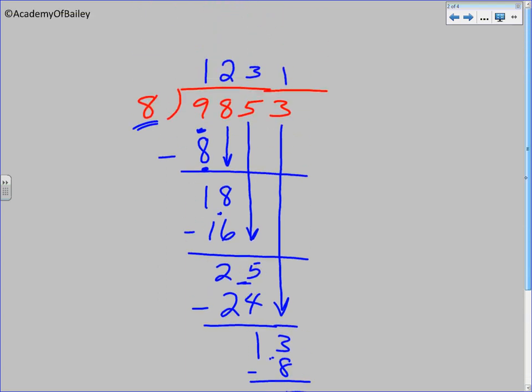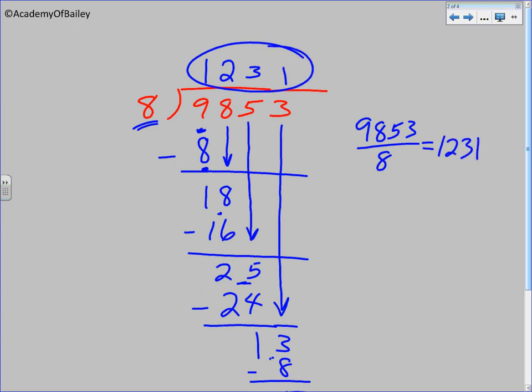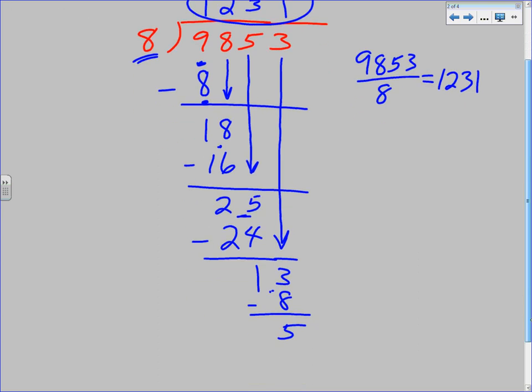And so if we were to have 9,853 divided by 8, that would equal this number here. And our remainder, what was our remainder down here? 5.